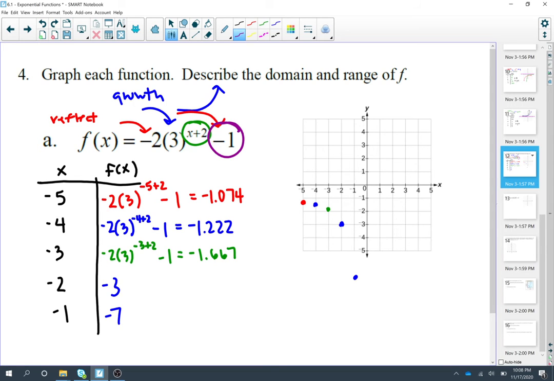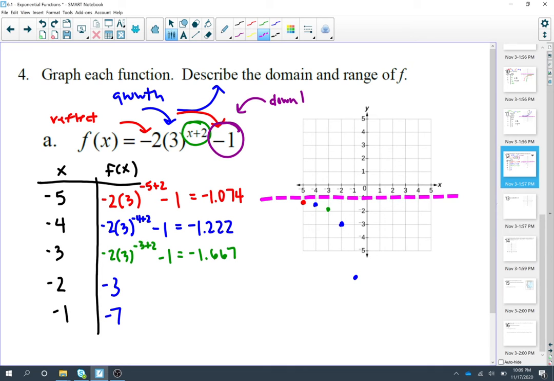But you notice this guy doesn't get right up next to 0. He gets right up next to a different number. He kind of comes up, gets close, close, close, and he's getting really close to -1. So what a number on the end does is move your horizontal asymptote down 1. So now our horizontal asymptote is really going to be right here at -1. That's where it's going to get really, really close to and never touch.